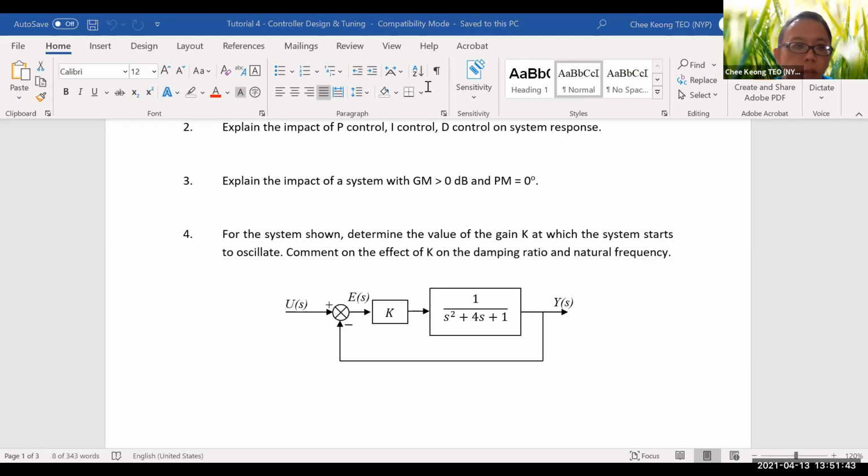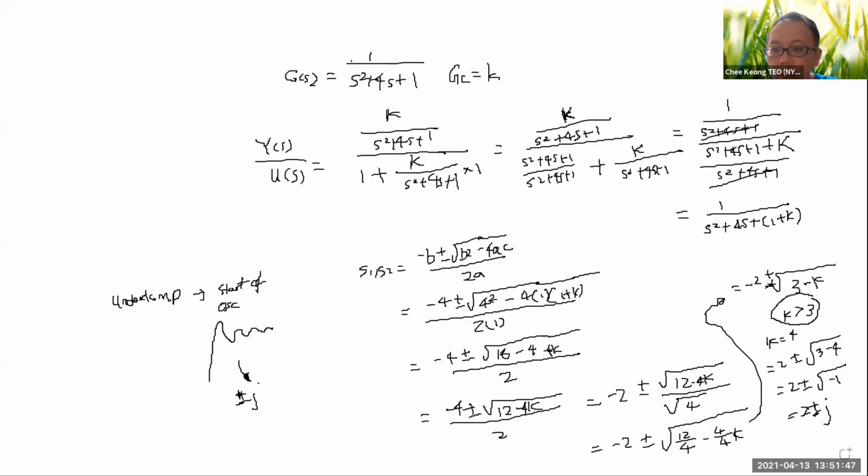Now, he said comment on the damping ratio and natural frequency. So if we go back to your whiteboard right now, we understand that k has to be greater than 3 for it to start to oscillate. Also, this is your closed loop response, right? By comparing it to your generic equation, the denominator will be s squared plus 2 zeta omega n s plus omega n squared, right?